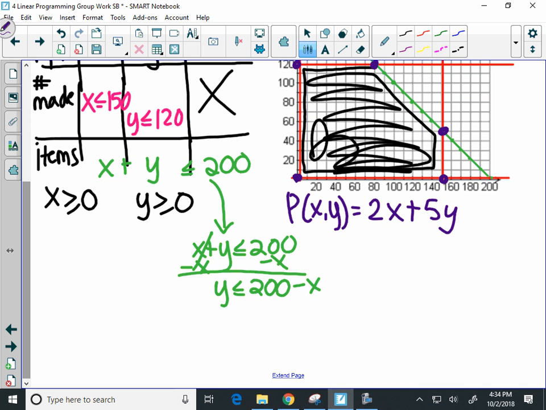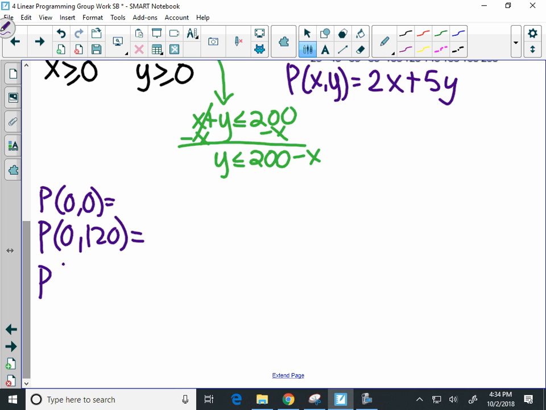So I'll start here on the bottom left. I have 0, 0, so we're going to find the profit of making 0 hats and 0 mittens. The profit of, I'll go up this time, 0, 120, 0 hats and 120 mittens. The next one over here, top right, is 80, 120.